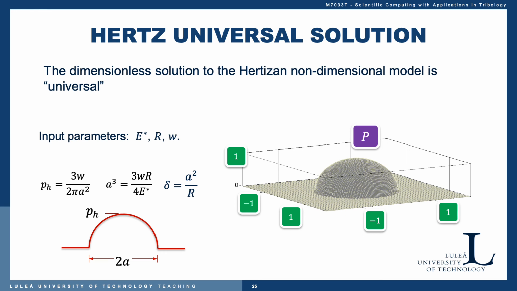We get the size of the contact from the Hertzian radius, and we also get the interference, or the mutual approach, between the two bodies. So all solutions are given analytically, and we also know what the pressure distribution looks like. We know exactly what the deformation looks like within the contact zone.